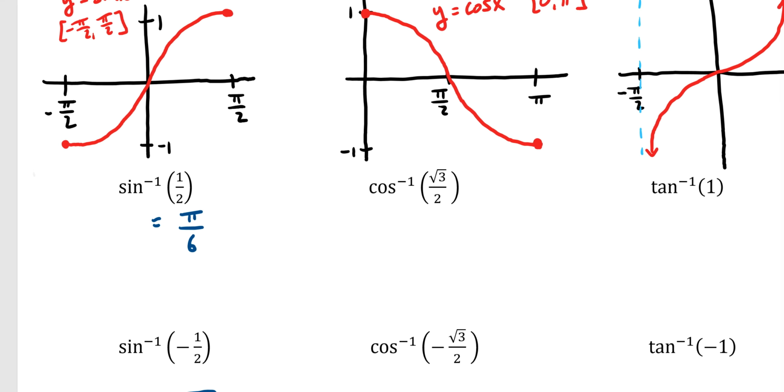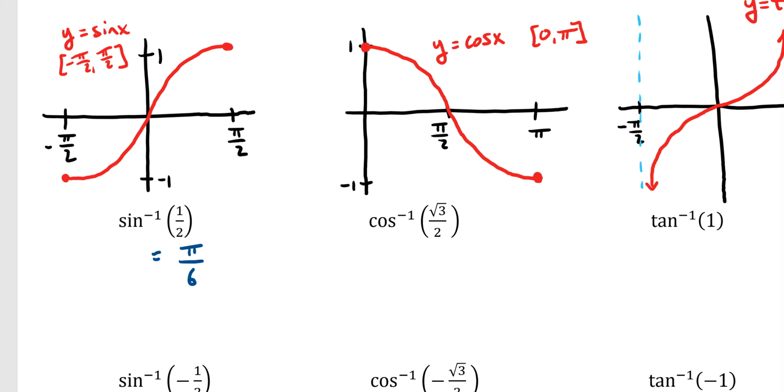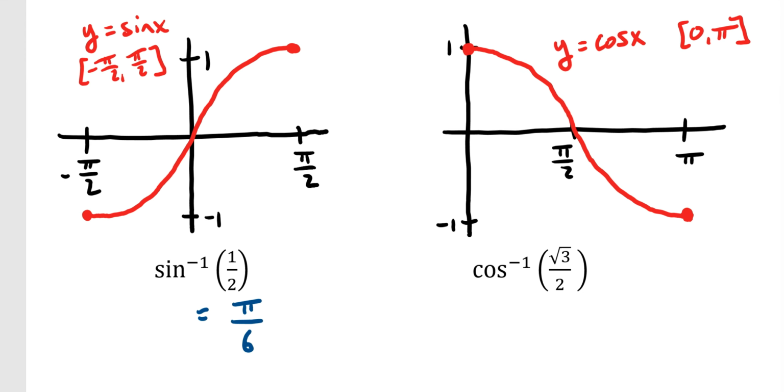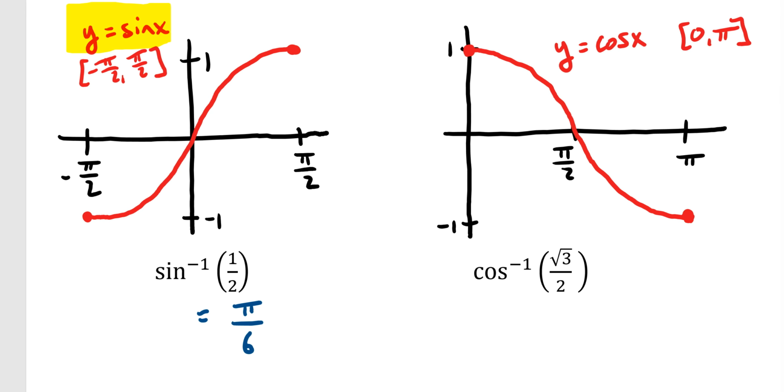Before we see another example with sine, let's see the reasoning for why this is, looking at the graph of sine of x on the restricted domain negative pi/2 to pi/2. For sine inverse of 1/2, relating this back to the graph of sine, what this means is that we need to have pi/6. Let's put pi/6 right here.